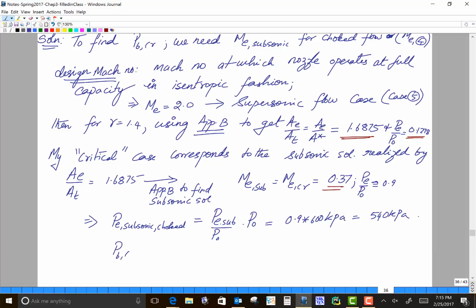My PB critical is the same as the subsonic choked flow exit pressure, which is 540 kilopascal. Therefore, PB less than 540 kilopascal implies choked flow.